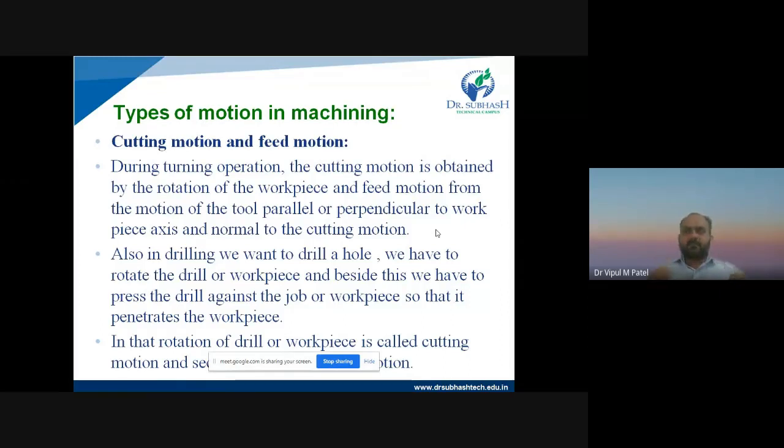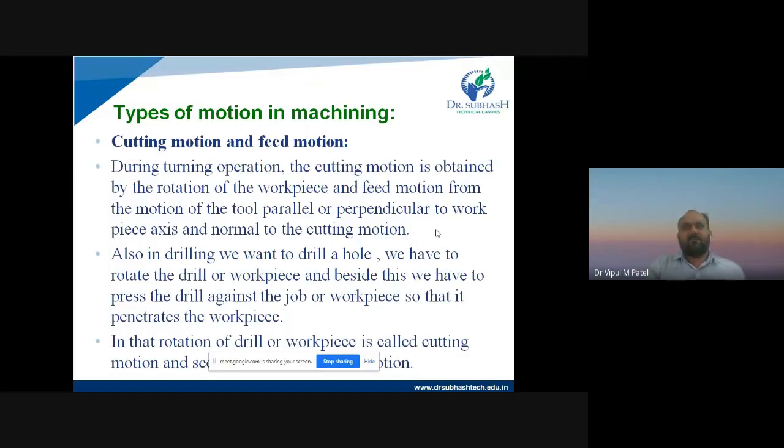If I am rotating my workpiece or job with the use of a rotating mechanism like a spindle and chuck in the lathe machine, then during the operation the cutting motion is obtained by the rotation of the workpiece, and feed motion from the motion of the tool parallel or perpendicular to the workpiece axis and normal to the cutting motion.